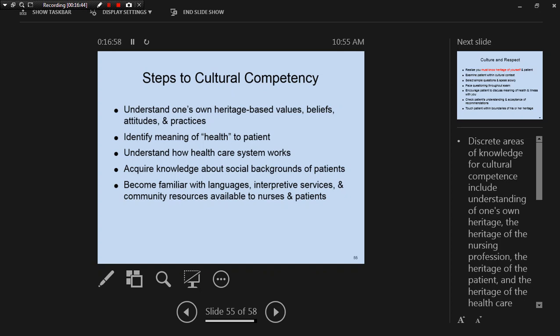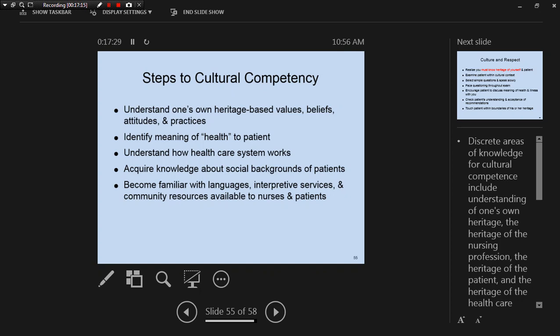We need to help them understand, and we need to understand how the healthcare system really works. Acquire that basic knowledge. Remember, being culturally sensitive about specific backgrounds of patients. And then I think definitely this is a much more realistic expectation of cultural competence, is to become familiar with the resources that we have, like the interpreter services.